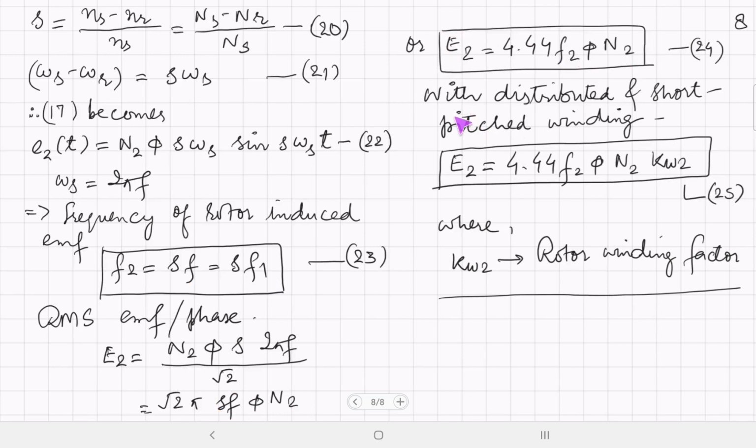And with distributed winding and short pitched winding, we'll introduce the corresponding factors, the distribution factor and the pitch factor.